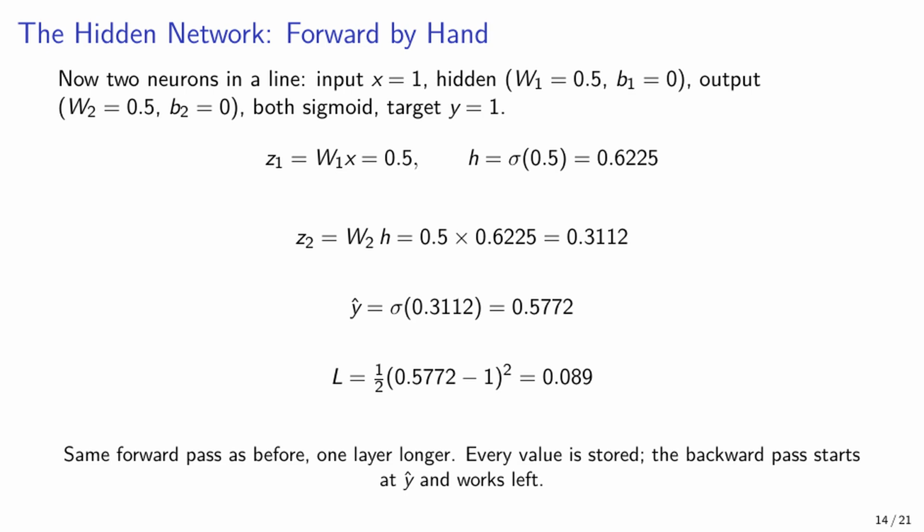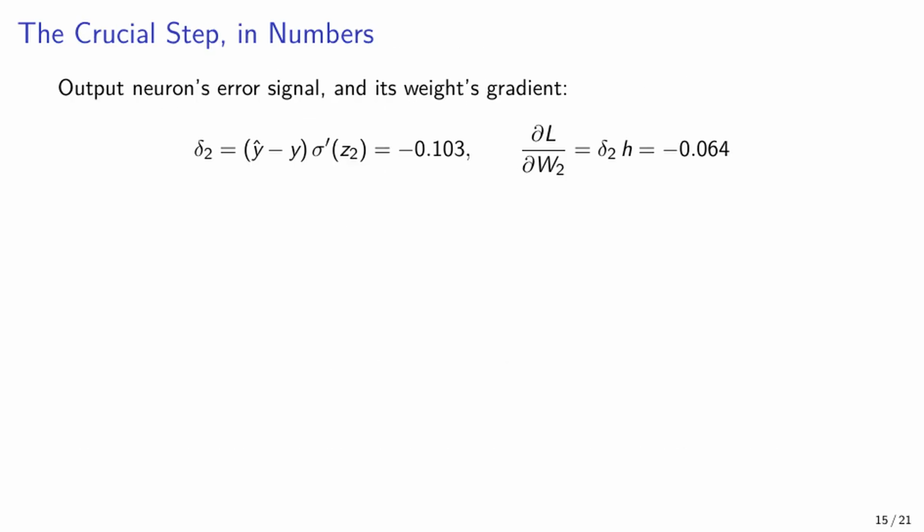Every value is stored, and the backward pass will start at y hat and work left. Now the backward pass on this network. Start at the output neuron. Its error signal delta 2 is the prediction error times the activation slope, which is negative 0.103.